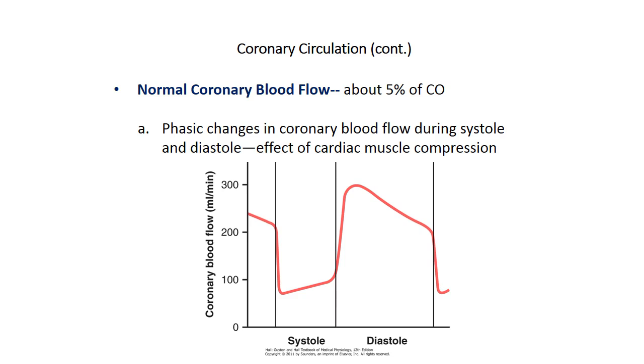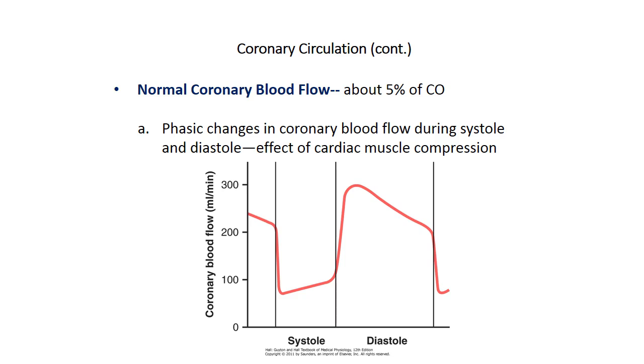What is the blood flow and pressure in the coronary circulatory system? In this figure you can see there is a phasic change in coronary blood flow during systole and diastole. During systole the coronary blood flow is down, and during diastole the coronary blood flow is high.